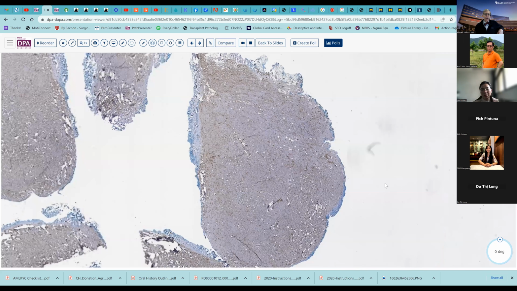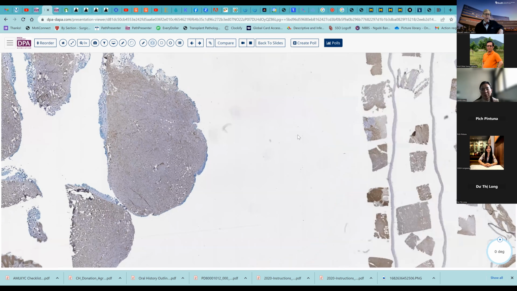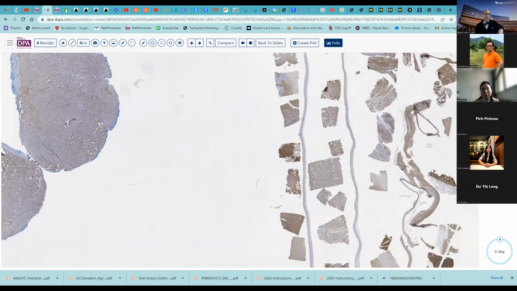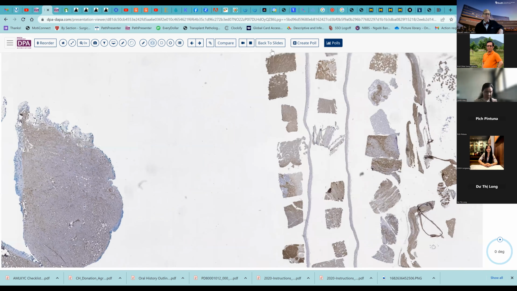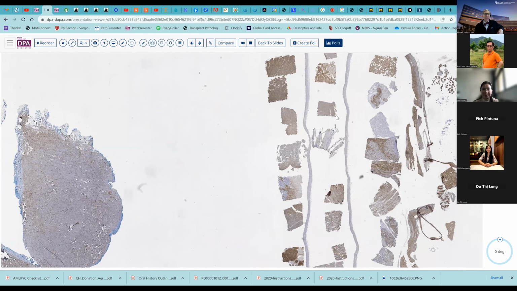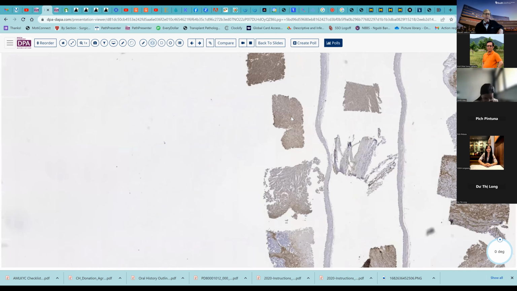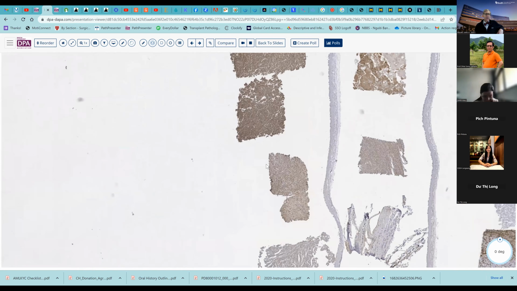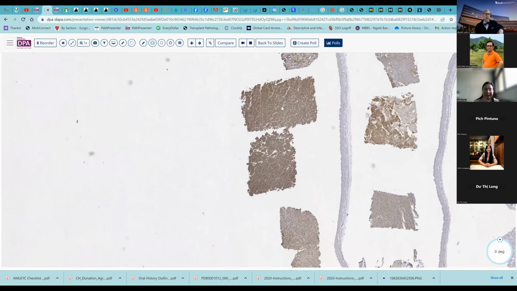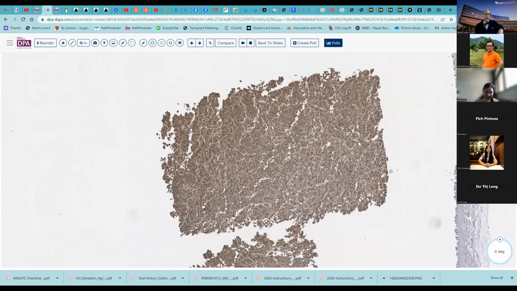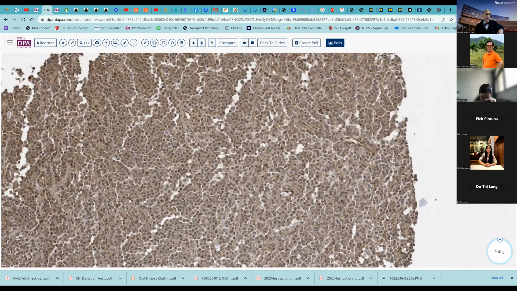Now, just for illustration's sake, you see here that they've used a multi-purpose control tissue, which consists of multiple small fragments of a variety of tissue types that they put onto their control slides. And because PTEN is such a frequently and critically retained marker, virtually everything is going to stain with it.